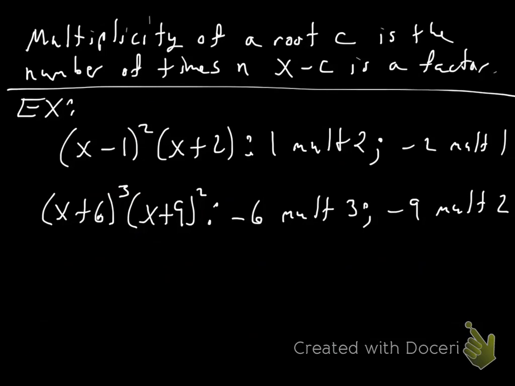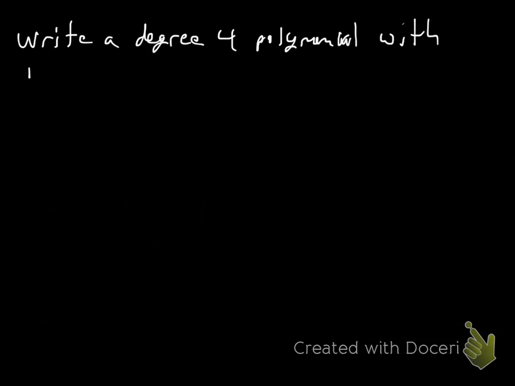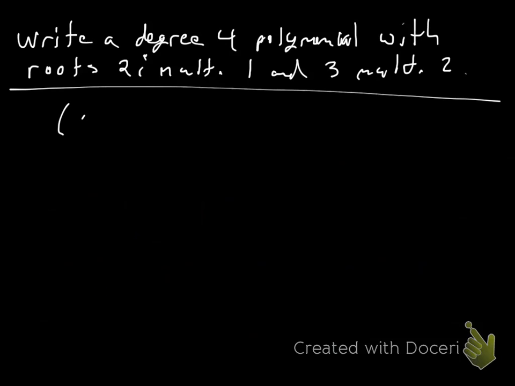Alright. One more problem where we'll say, I want you to construct this polynomial with this root and this root with multiplicity such and such. So let's write a degree 4 polynomial, so it'll have an x to the 4th in it, with a root 2i of multiplicity 1 and a root of 3 with multiplicity 2.